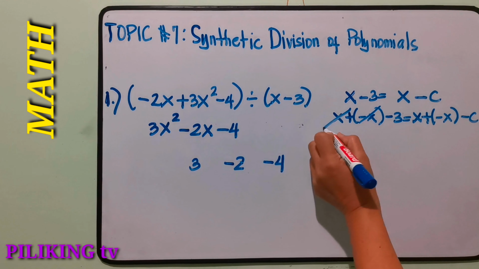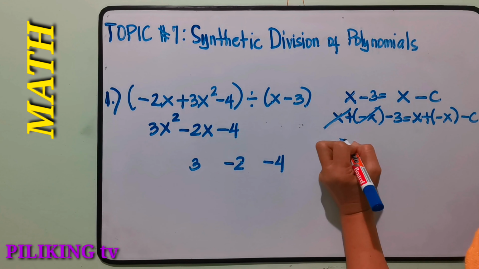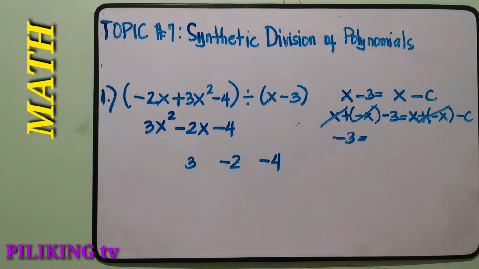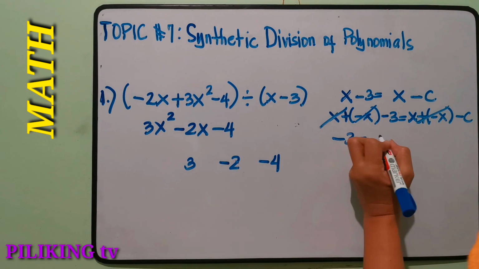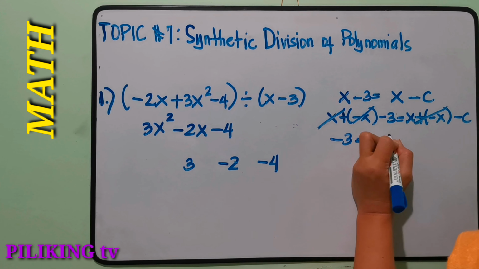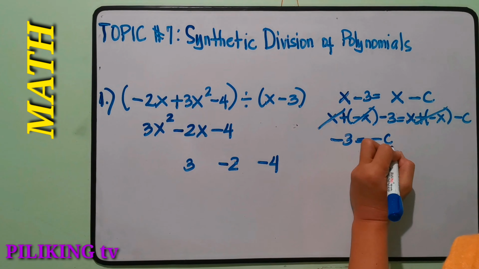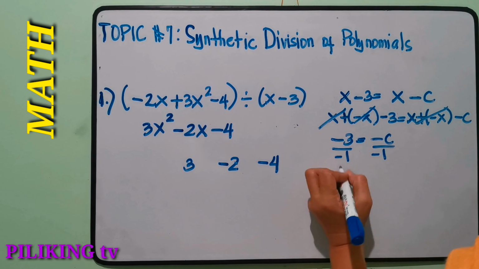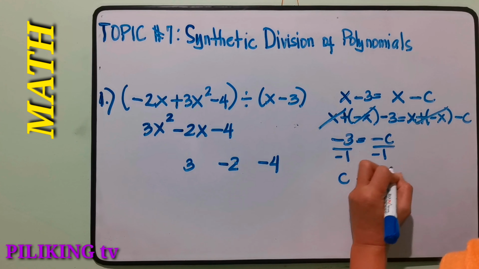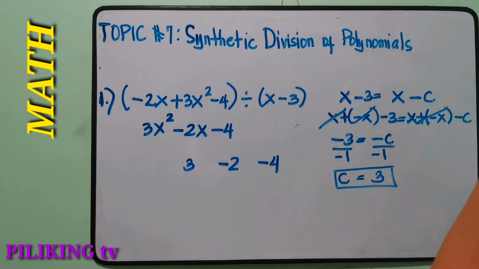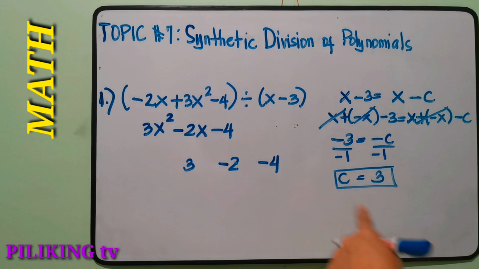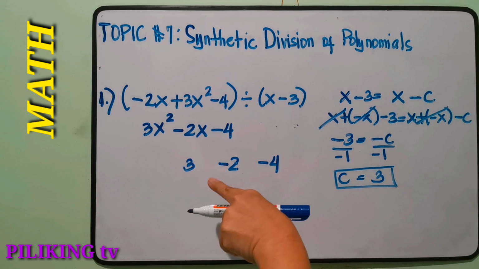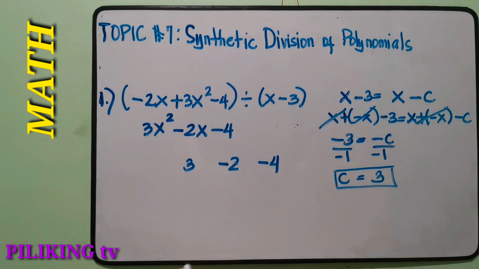You can cancel these, so the remaining is negative 3 is equal to negative c. Since c is negative, you divide both sides by negative 1 to make it positive. Therefore, c becomes positive 3. So c is what we call the test 0. You usually write the test 0 at the left side.